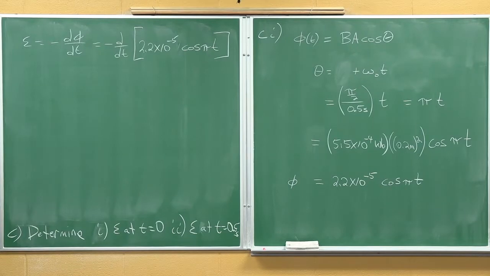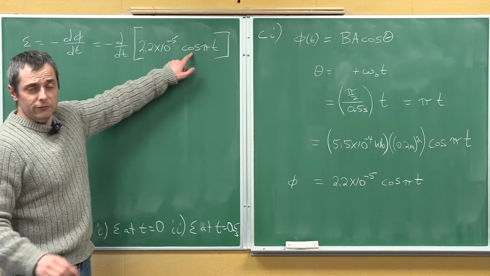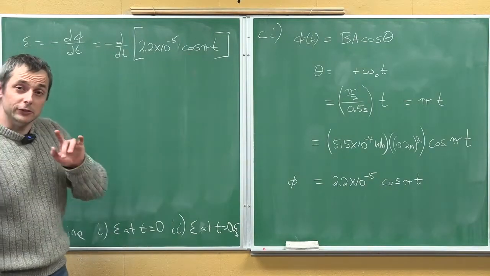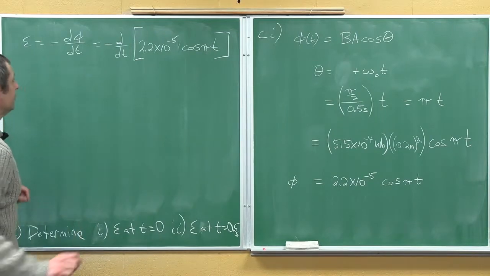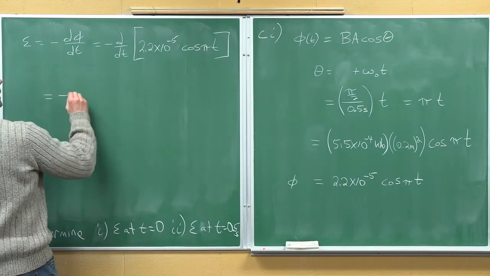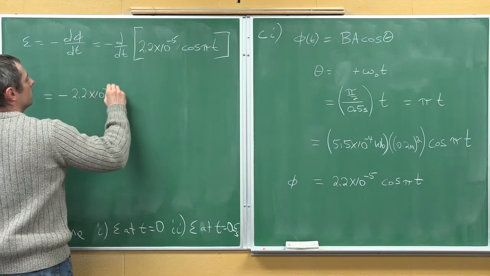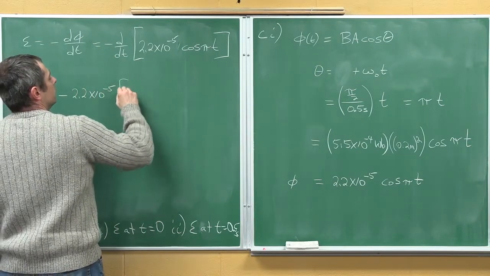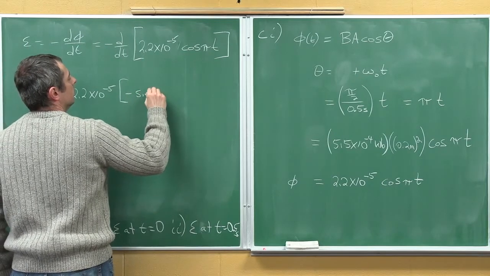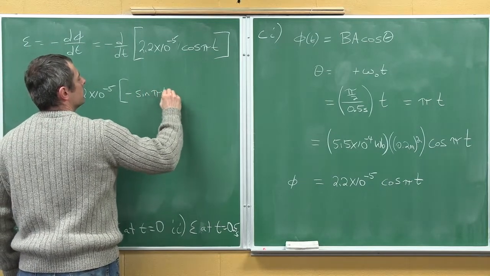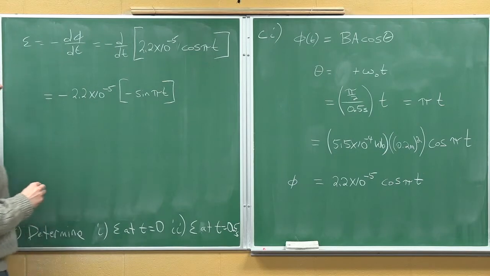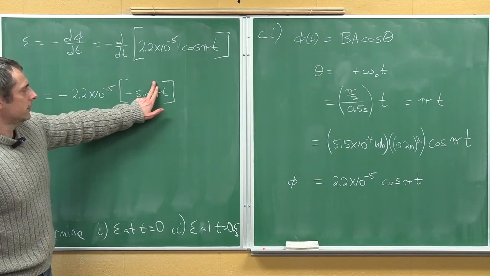Now, the derivative is of the cosine function. The derivative of the cosine function is negative sine. So we could say this is negative 2.2 times negative sine, and that would be true if this pi wasn't here.